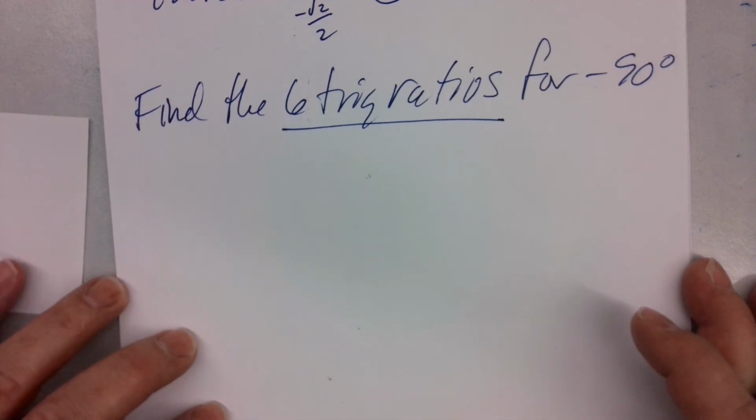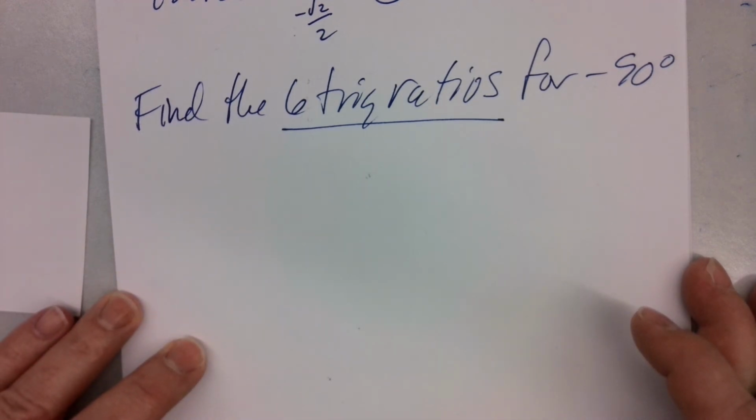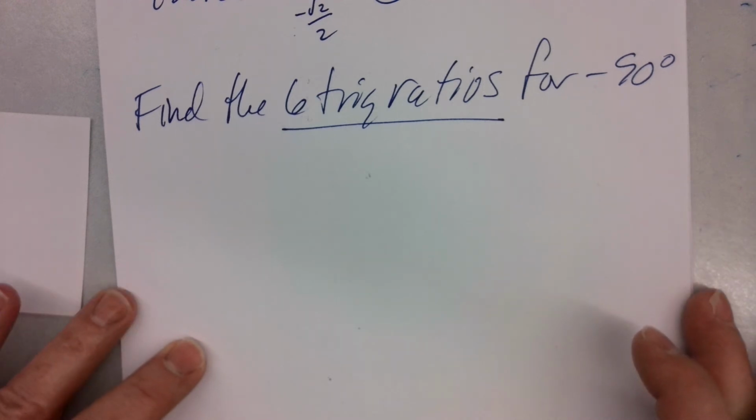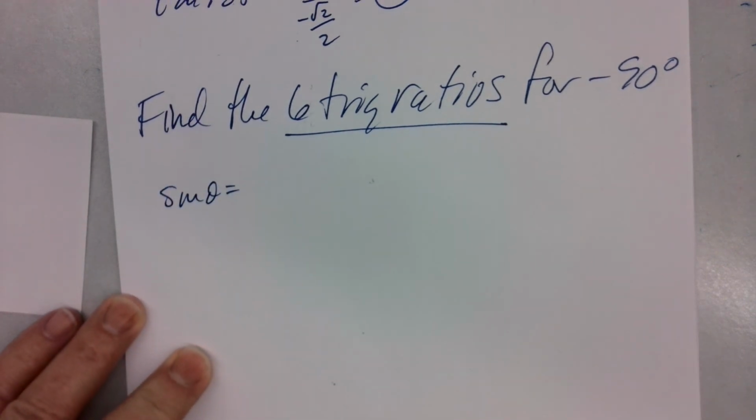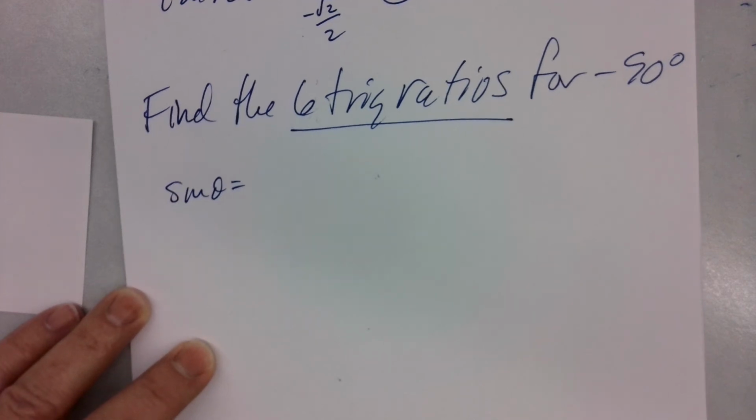Wouldn't you just plug it all in? Since we know what the X and the Y and the R are, you could just plug them all in and then flip them? That's what I would do. So what do you got here?